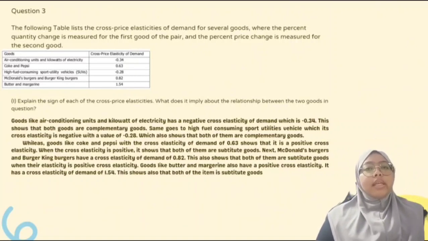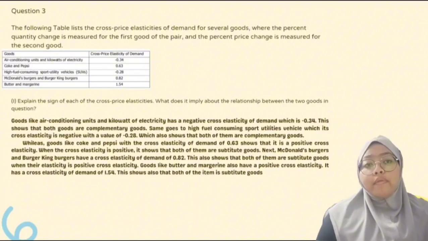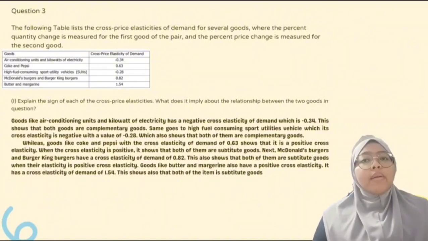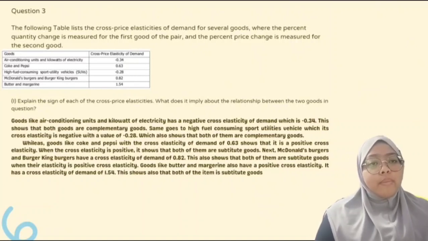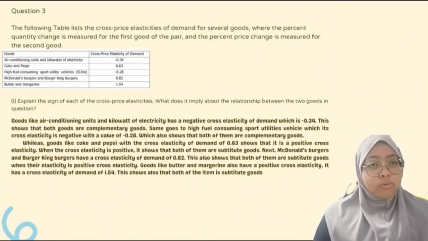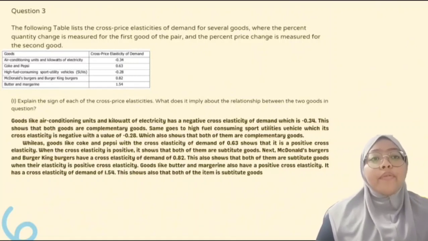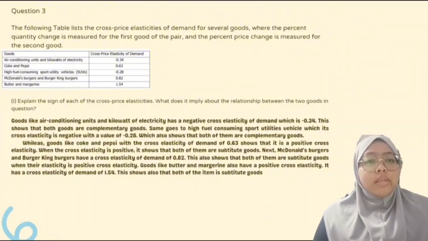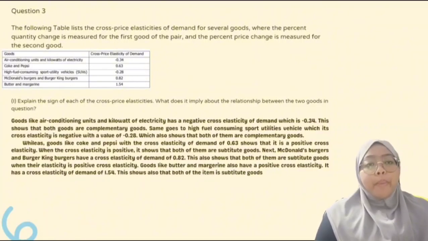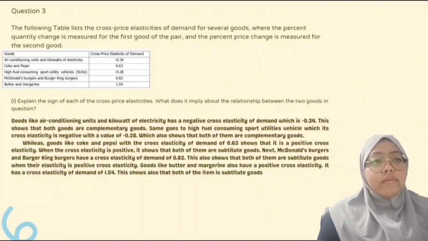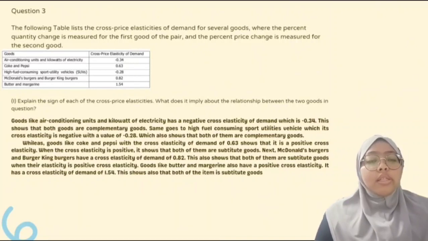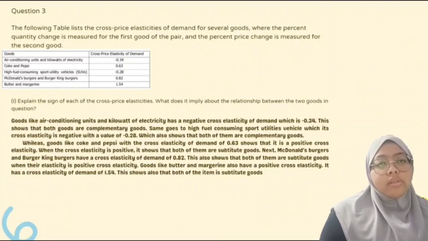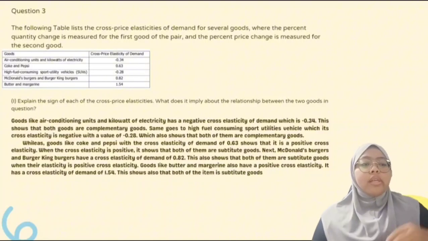When the cross elasticity is positive, both of them are substitute goods. Next, McDonald's burgers and Burger King burgers have a cross elasticity of demand of 0.82. This also shows that both are substitute goods, since the cross elasticity is positive. Butter and margarine also have a positive cross elasticity of 1.54. This also shows that both of them are substitute goods.